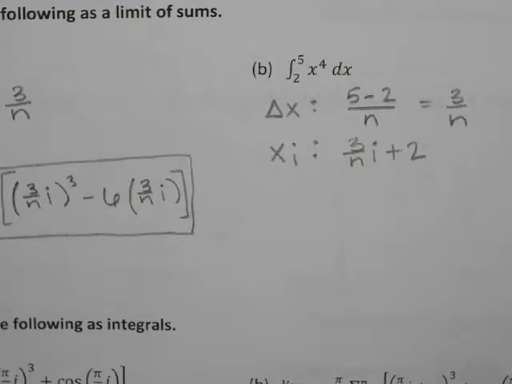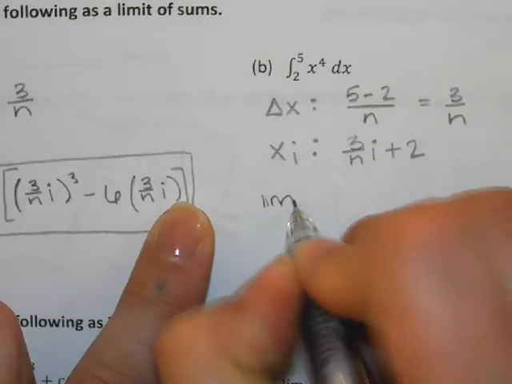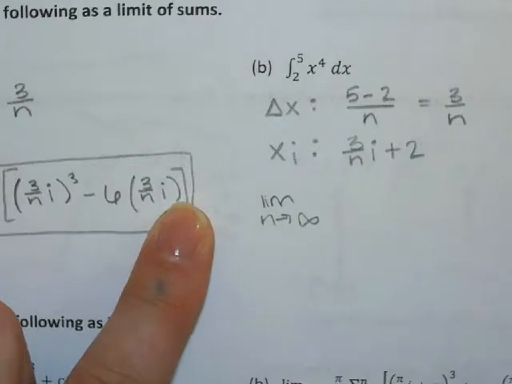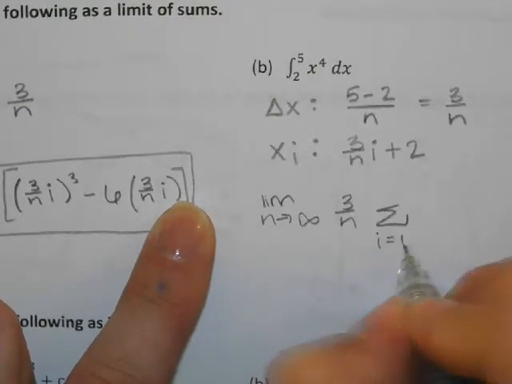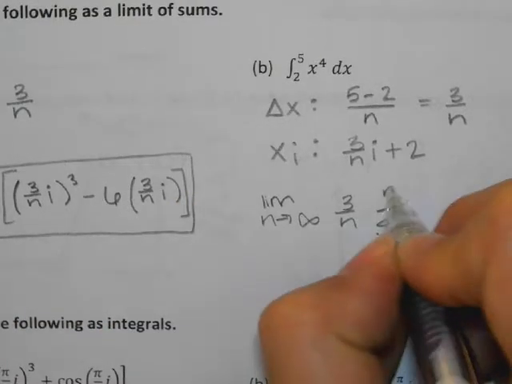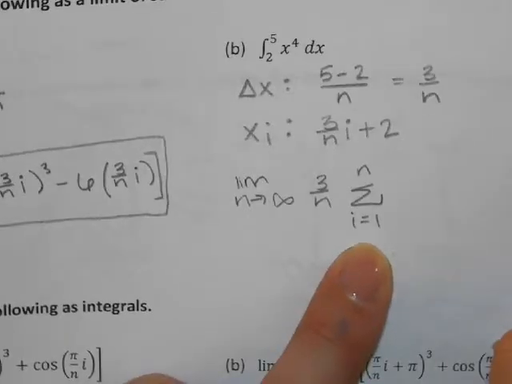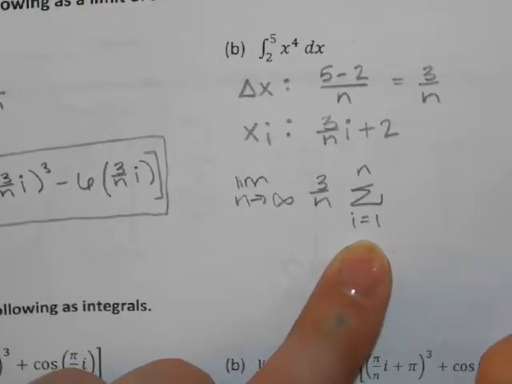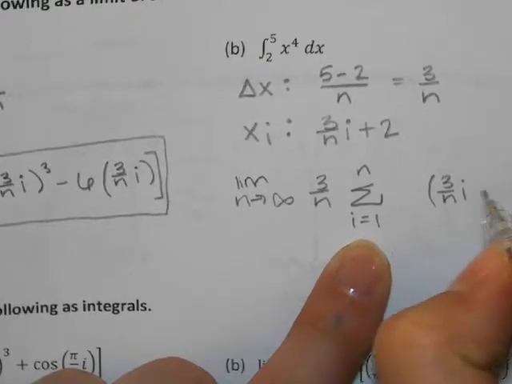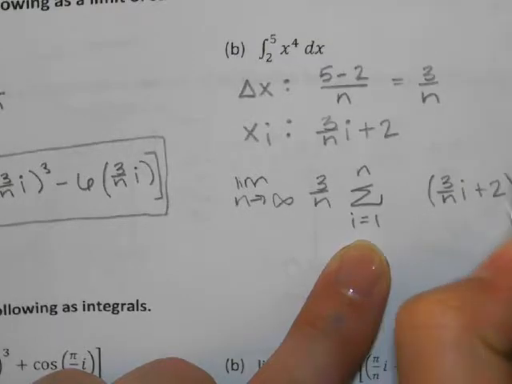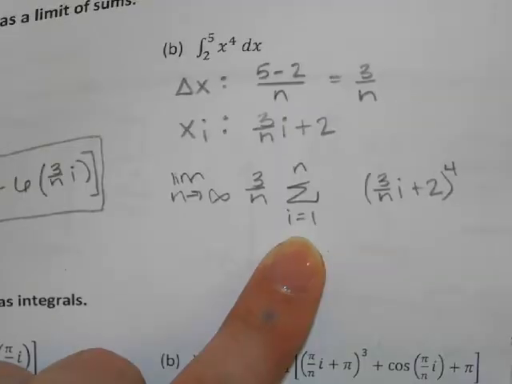Okay. So we have the limit as n goes to infinity of our width, 3 over n, times the summation from i equals 1 to i equals n of, and this is where we take our function and plug stuff into it: 3 over n i plus 2, to the 4th power because our function was x to the 4th.